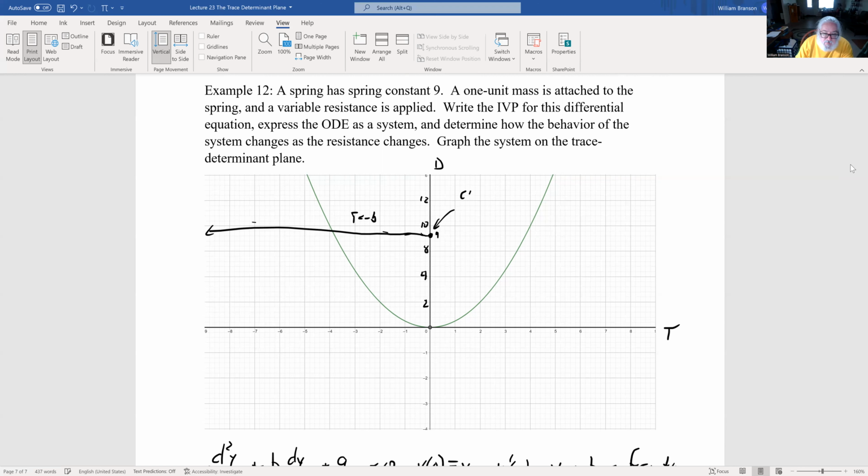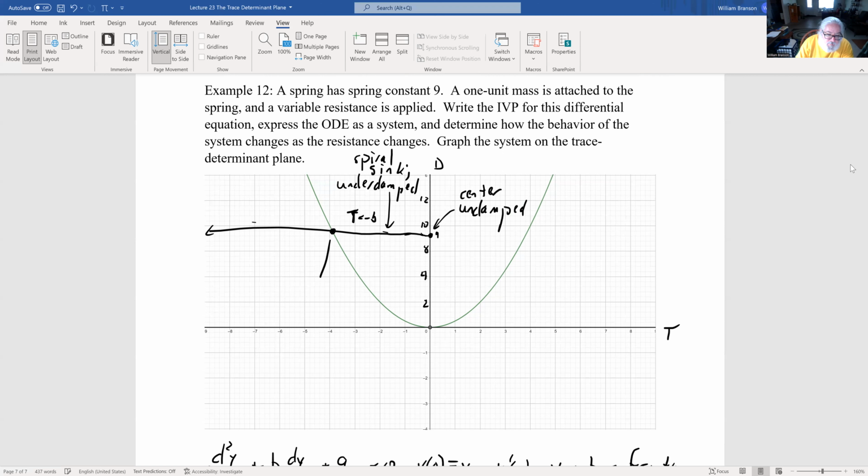The center, when we're doing springs, we call that an undamped spring. In here, this is trace equals minus b. This was a spiral source, spiral sink. When we're dealing with springs, we called that an underdamped spring.